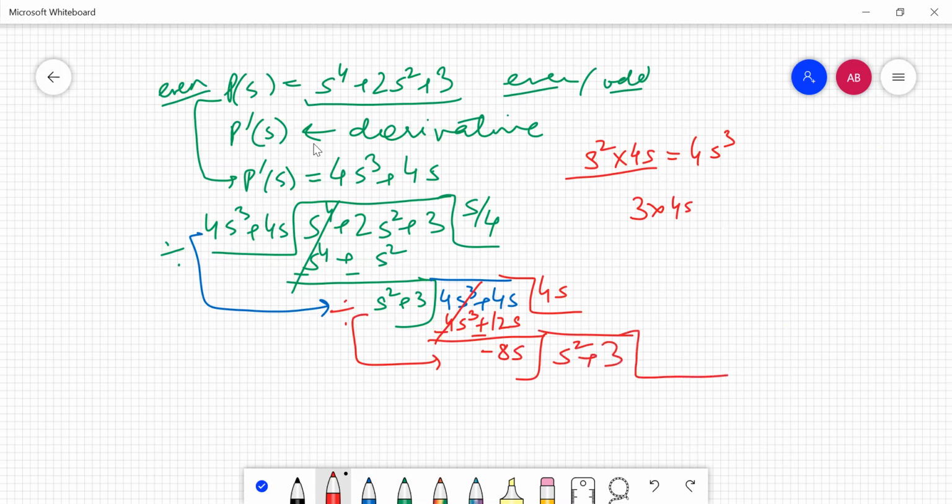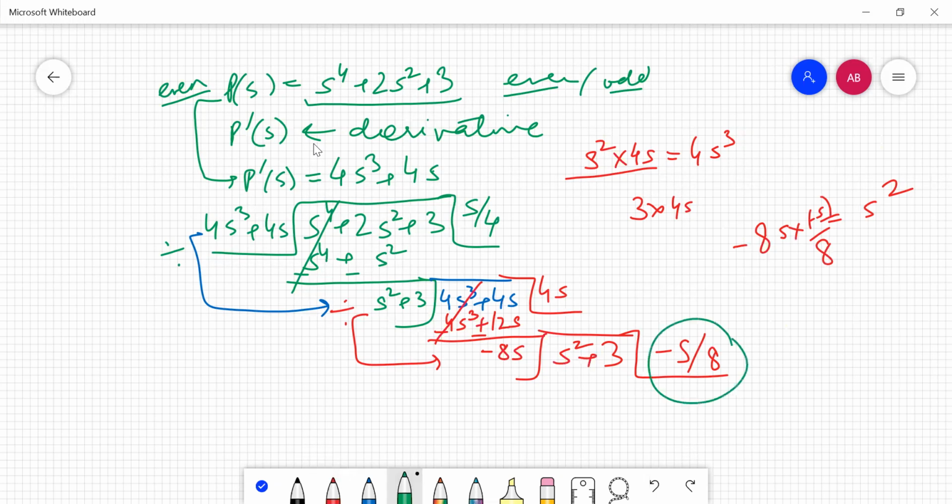When you divide s^2 + 3 by -8s, you need to see that -8s has to be made equal to s^2. So you need to multiply it by -s. As soon as you get -s/8 here, you just have to stop taking your CFE because you have got a negative quotient.